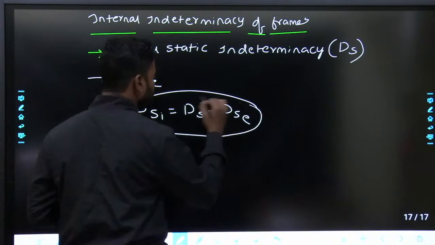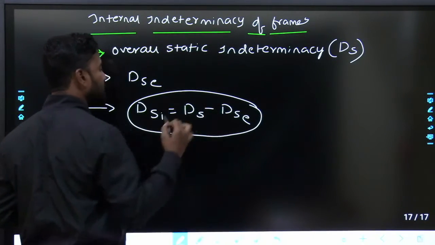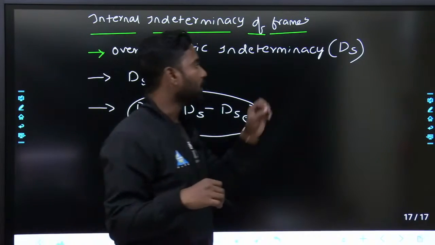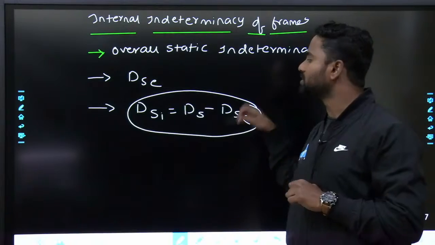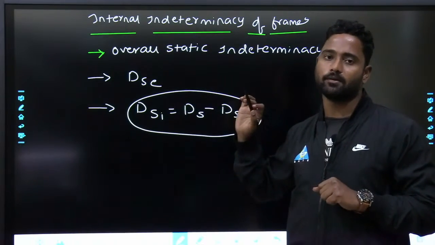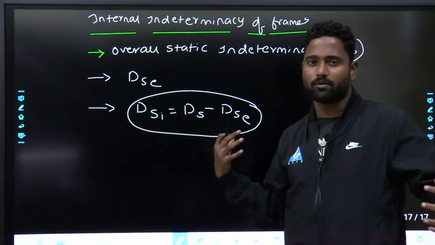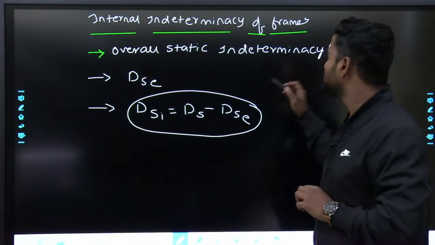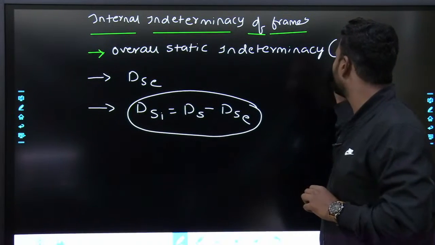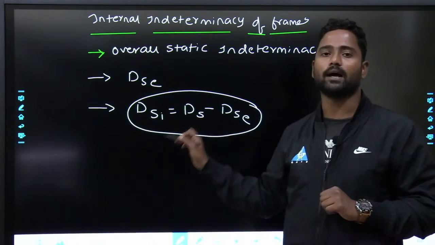From the overall indeterminacy, remove the external indeterminacy, and you'll get the internal indeterminacy. Why I am doing this is, for internal indeterminacy there are many formulas, and in many cases you can't easily remember them.